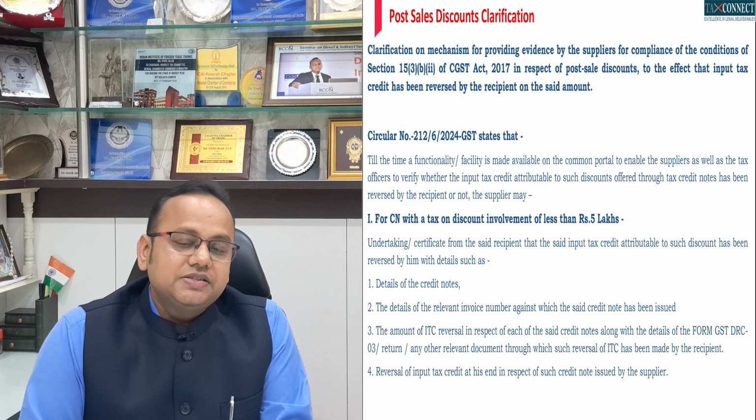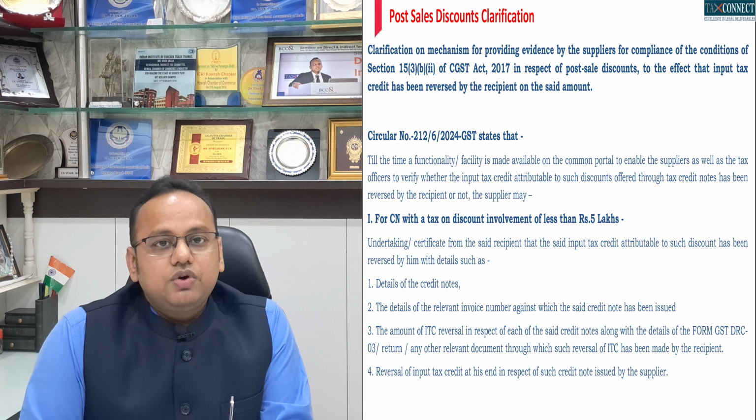The mechanism is that in case you have issued a GST credit note for post-sale discount, you need to take an undertaking from the recipient of the credit note that they have reversed the corresponding input tax credit.